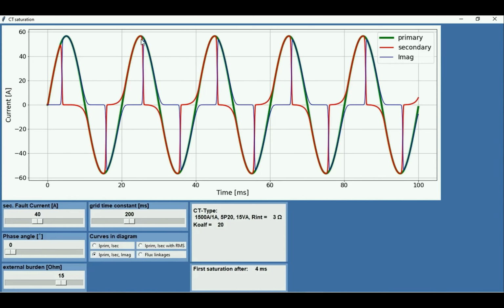And then if we come to this saturation point, suddenly the magnetizing current increases and the red curve goes down. As I said, this pattern may look different depending on some other parameters, but the effect is always the same.